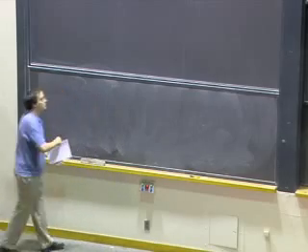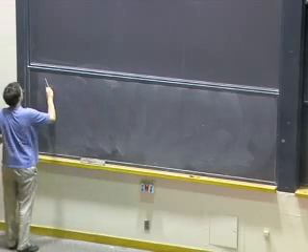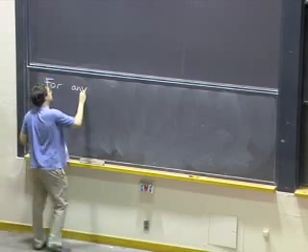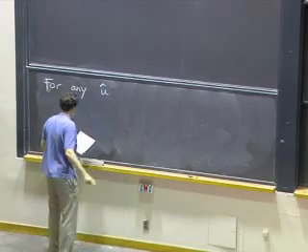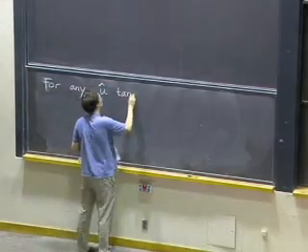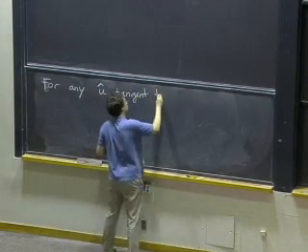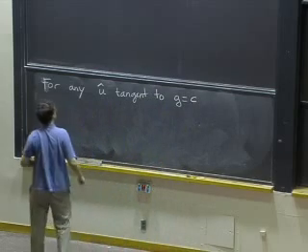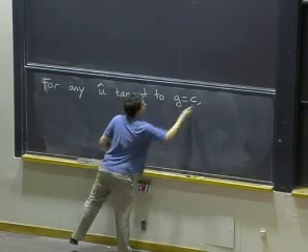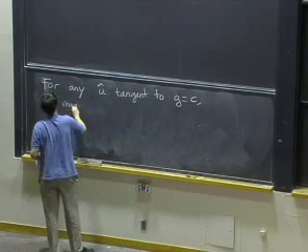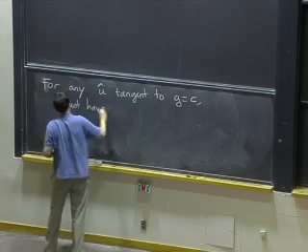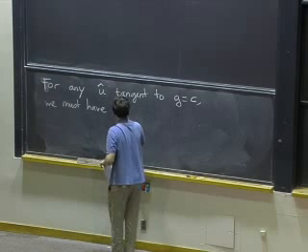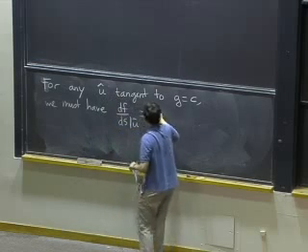That means for any direction that's tangent to the constraint level g equals c, we must have df/ds in the direction of u equals 0.